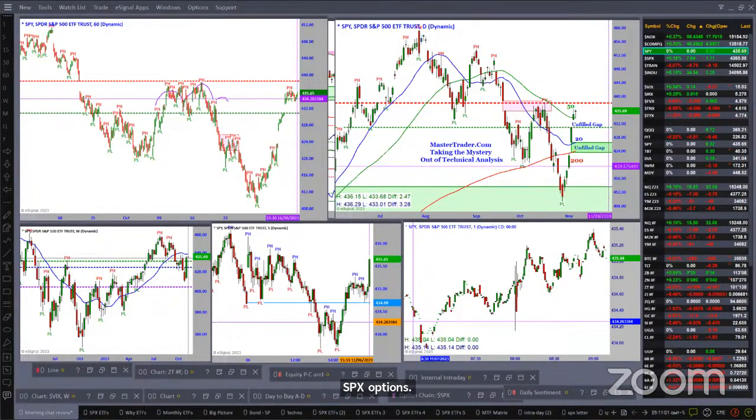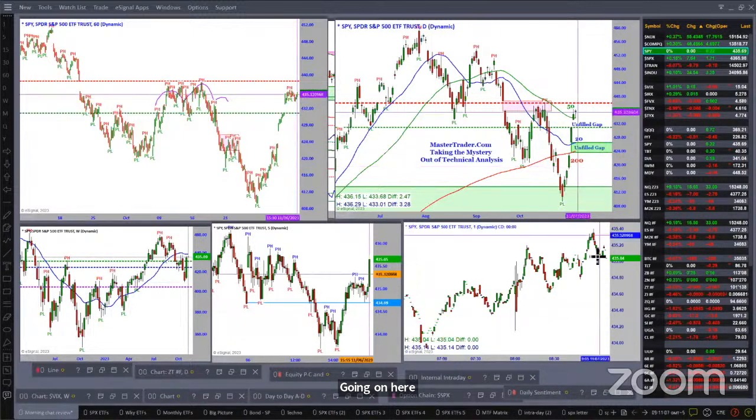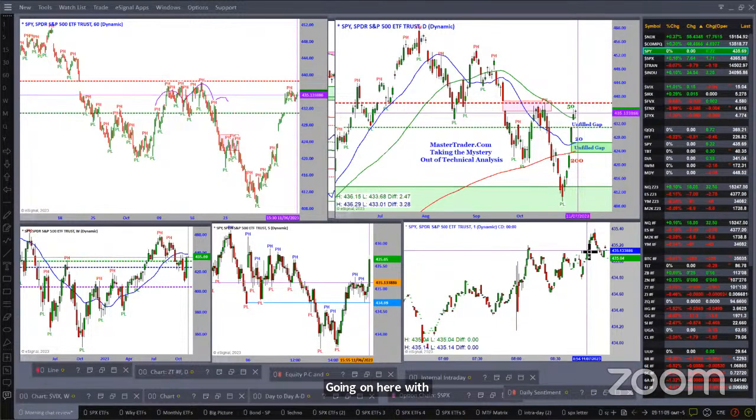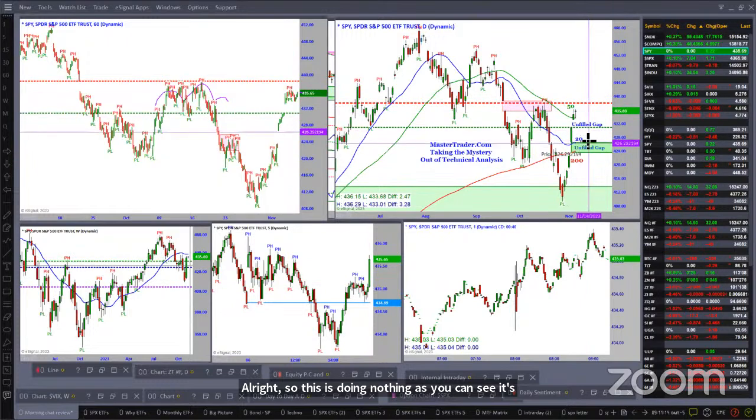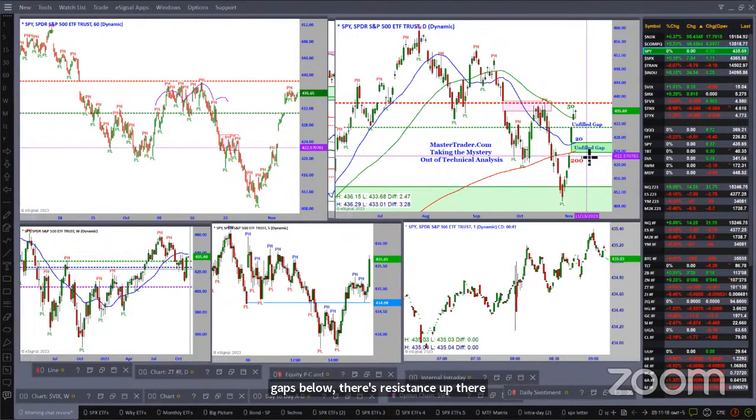What's going on here with TC? All right, so this is doing nothing. As you can see, it's an inside bar, so nothing there. There's unfilled gaps below. There's resistance up there. Same story with intraday, and hold on. All right, upside looks like 43.95.